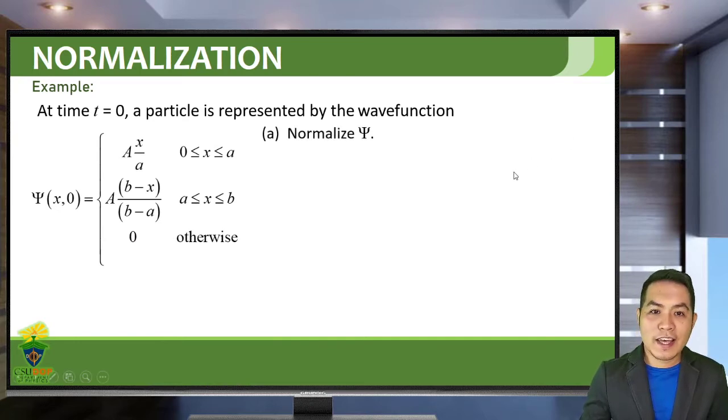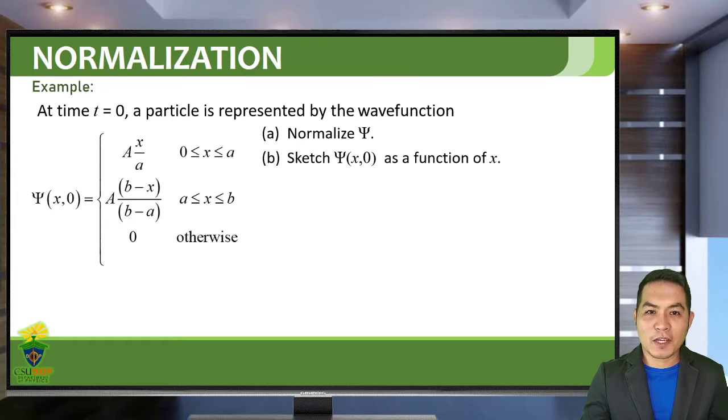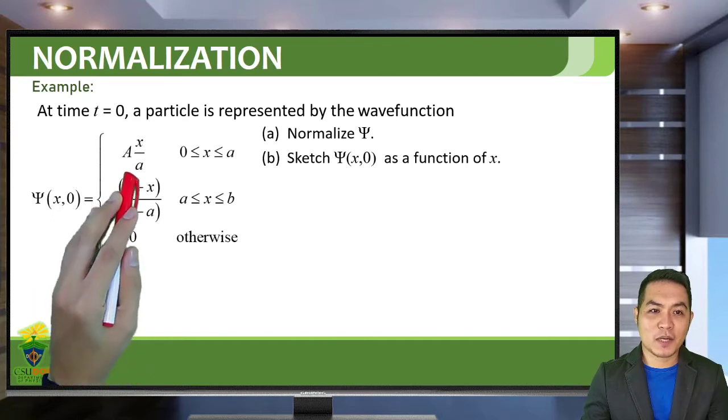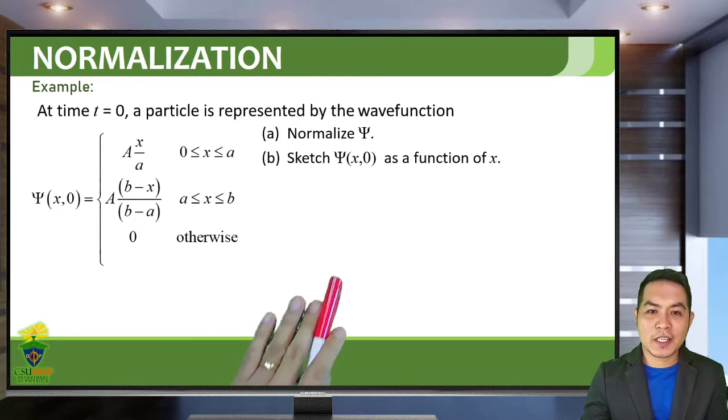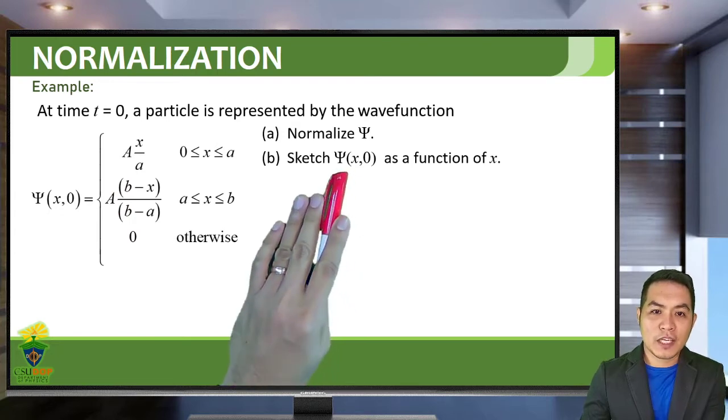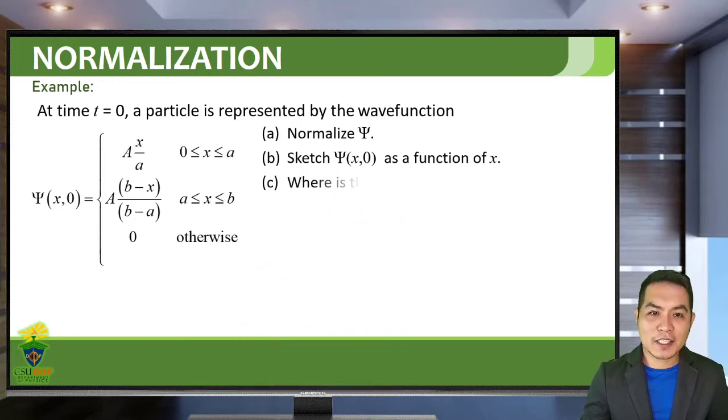You are then asked to normalize the wave function. When you are asked to normalize the wave function, it means that you have to find the normalization constant. In this case, the normalization constant is A. Then sketch the initial wave function as a function of x at time t equals 0.